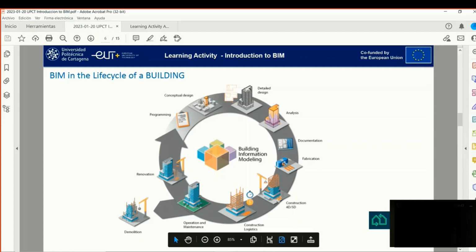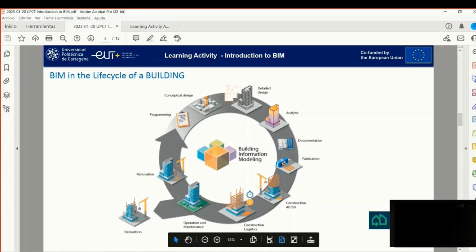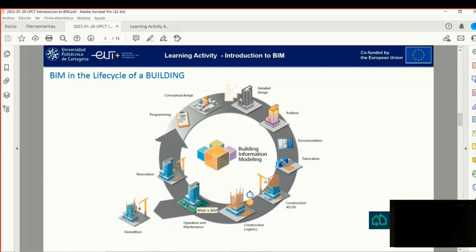I also told you about the fifth dimension of BIM that consists of building the budget of the construction from a model, the logistics, the maintenance.